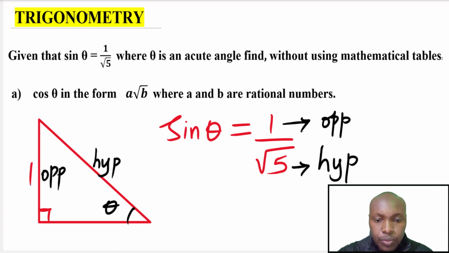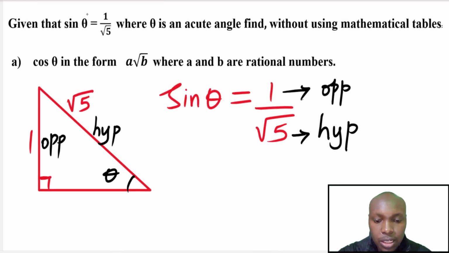So opposite is 1 and hypotenuse is root of 5. Having that, you can see we have one side that is unknown in that right angle triangle. So we calculate that missing side.